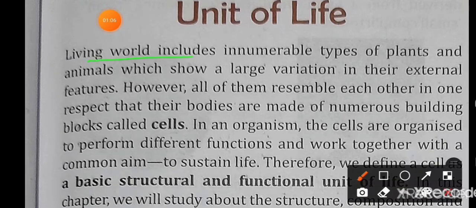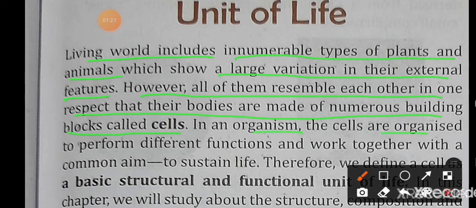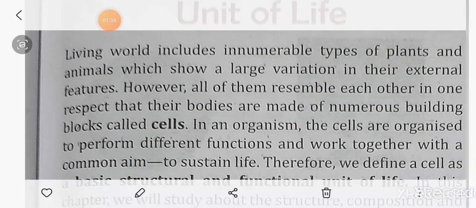Living world includes innumerable types of plants and animals, which shows a large variation in their external features. However, all of them resemble each other in one respect, that their bodies are made of numerous building blocks called the cell. In an organism, the cells are organized to perform different functions and work together with a common aim to sustain life.